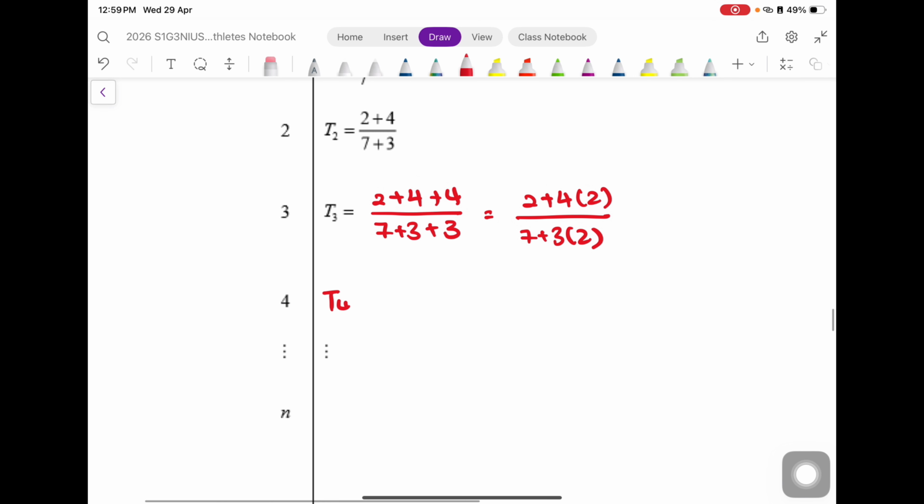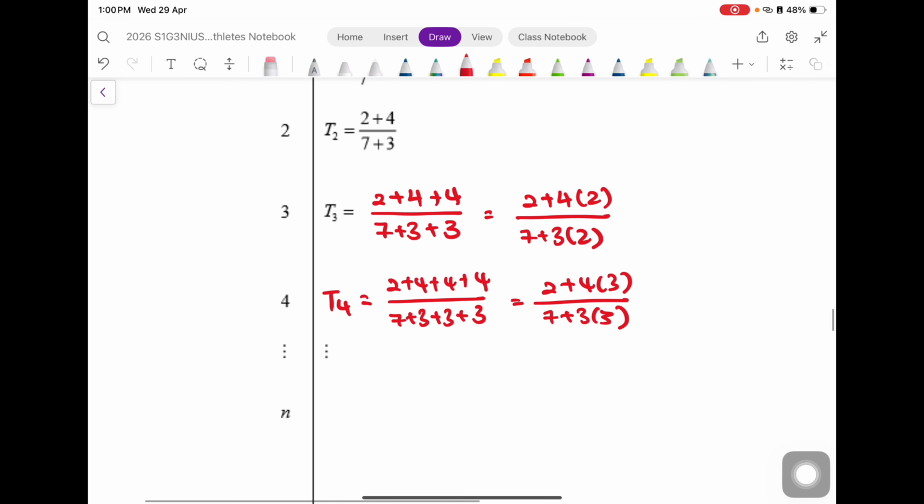Term 4 will be 2 plus 4 plus 4 plus 1 more 4, 7 plus 3 plus 3 plus 1 more 3. This will be 2 plus 4 times 3, 7 plus 3 times 3.